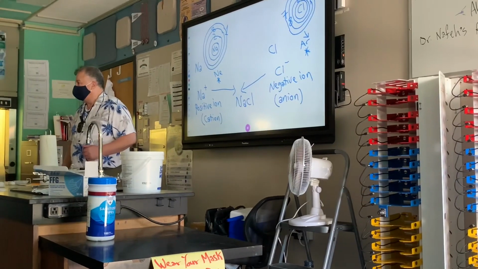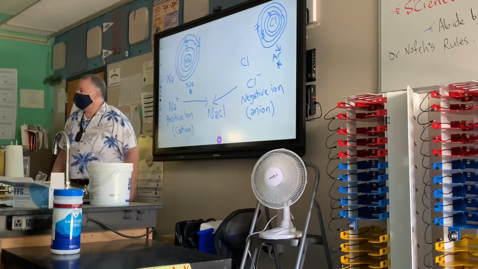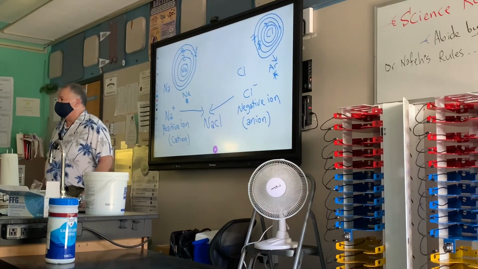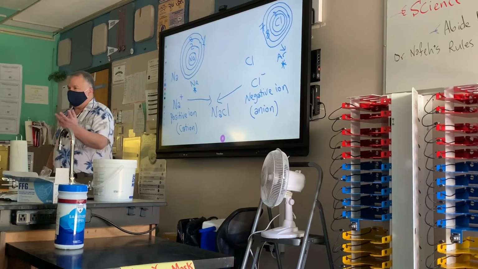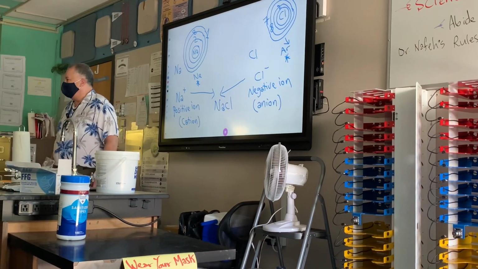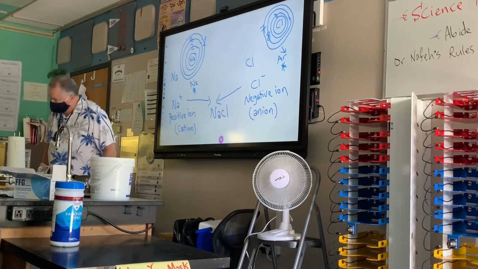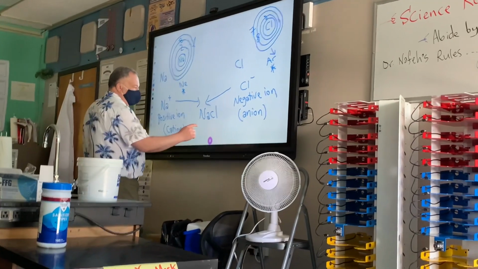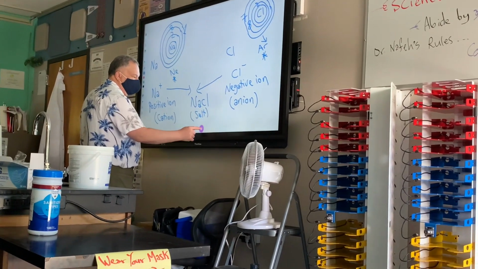What is it? What do you call that? Sodium chloride. You and I eat it every day. It's in your pizza, in your food every day. Sodium chloride. What do you call it? Salt. Table salt. All right?